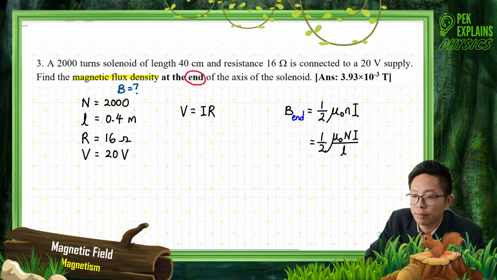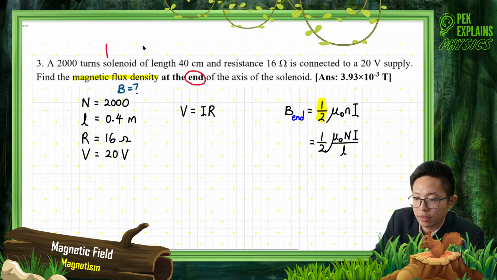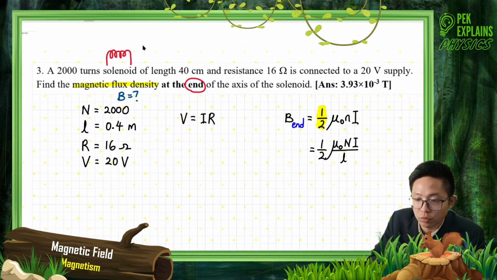So the formula must have a half, because it is at the end. So half mu naught n I. What is a solenoid? Remember, a solenoid is this one. It's not a circular loop with multiple turns, but it has length.